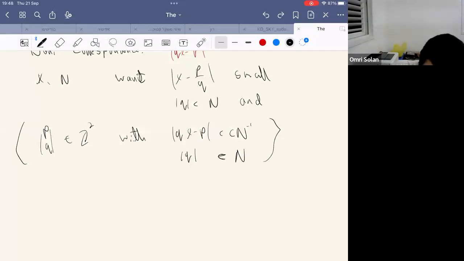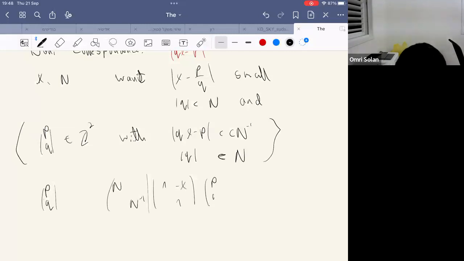So let us multiply, instead of q, let's consider this n inverse, n inverse, 1 minus x, p over q, and that is equal to p minus qx and n inverse q.